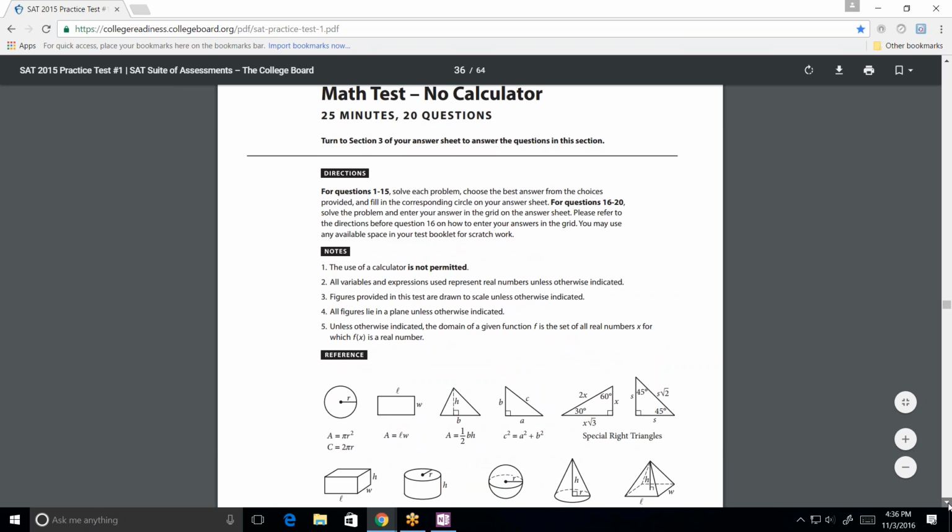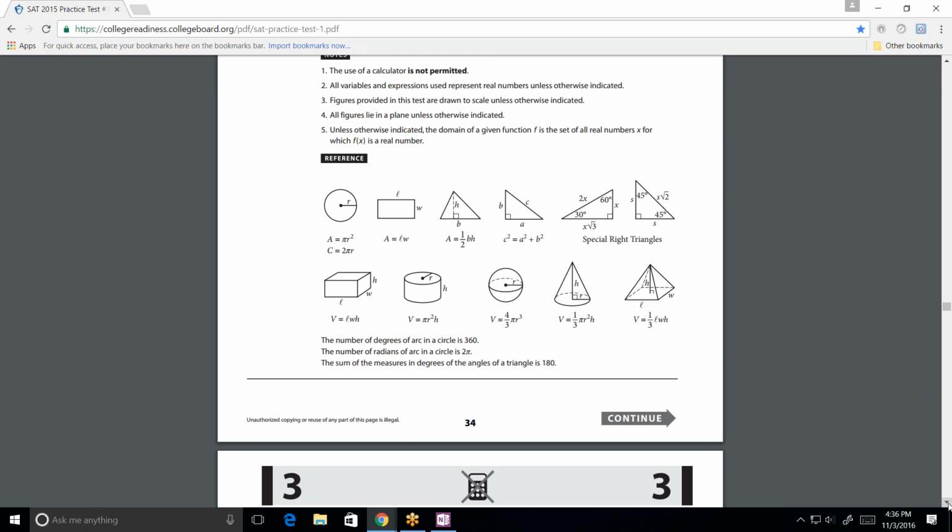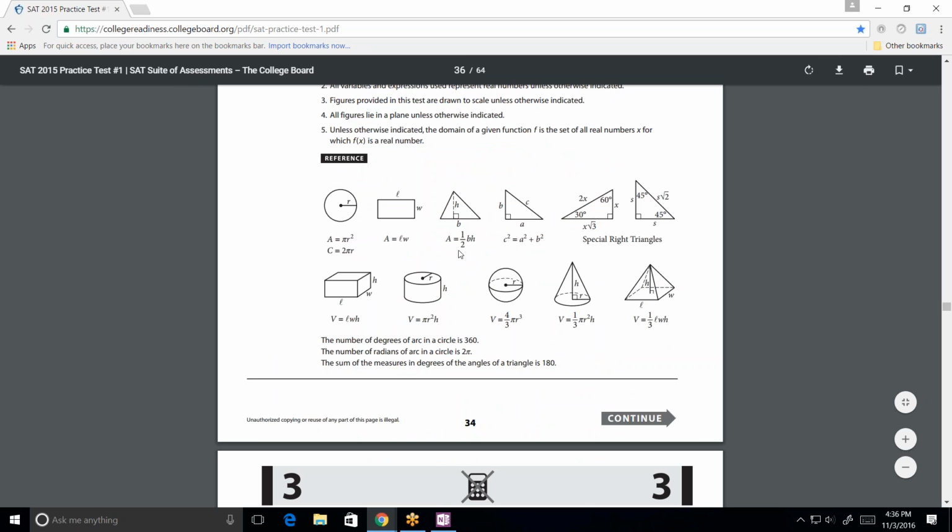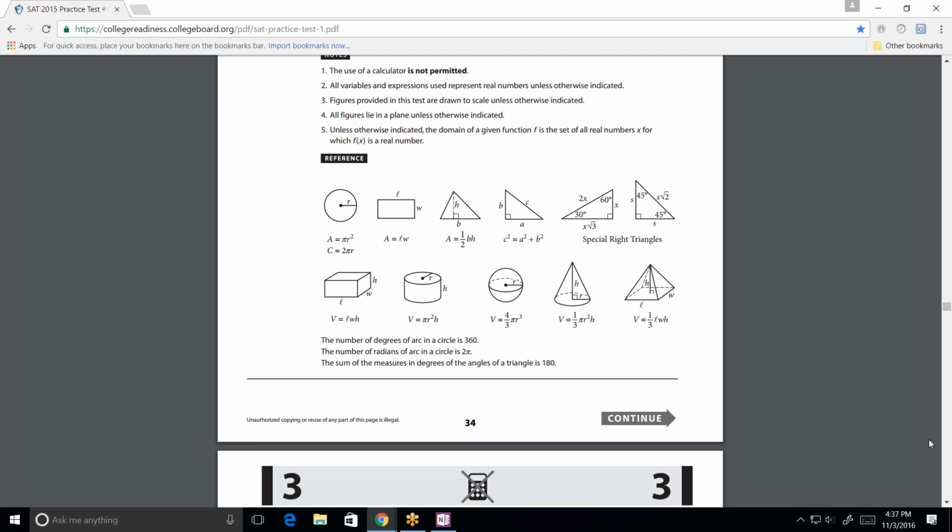Like most of them, they give you those formulas. You don't need to memorize those, although you should definitely familiarize yourself with each one of these. Make sure you know exactly what each one is talking about.